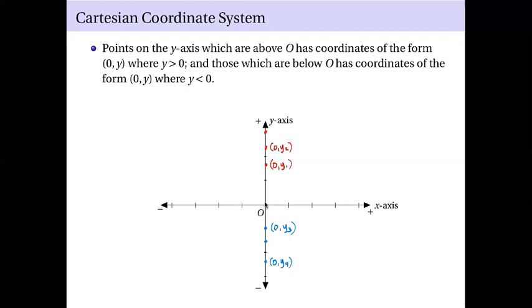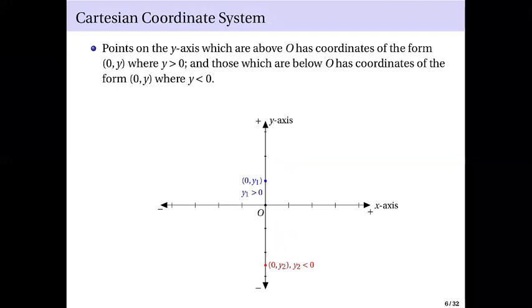So all the points below the origin on the y-axis have coordinates of the form 0, comma y, where y is less than 0. For instance, here 0, comma y1, y1 is positive. Here 0, comma y2, y2 is negative.